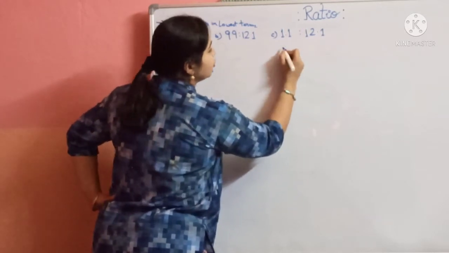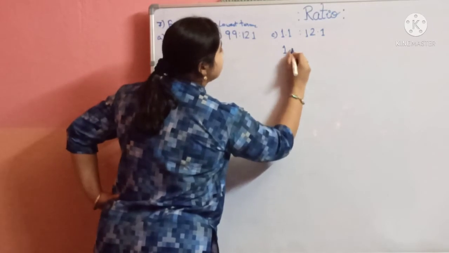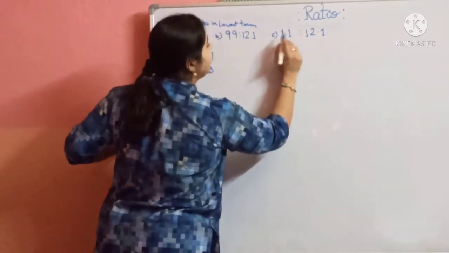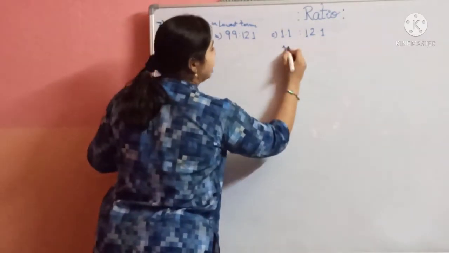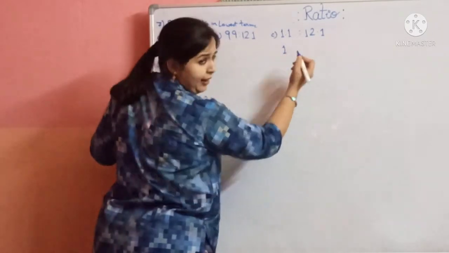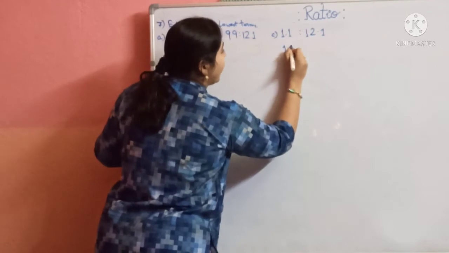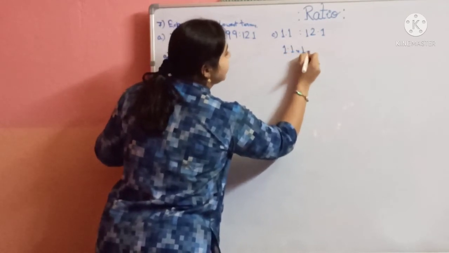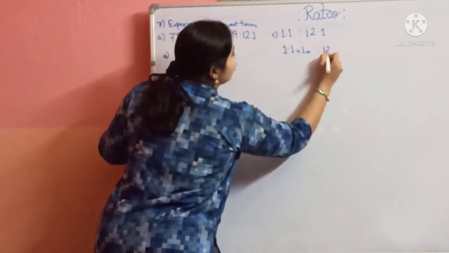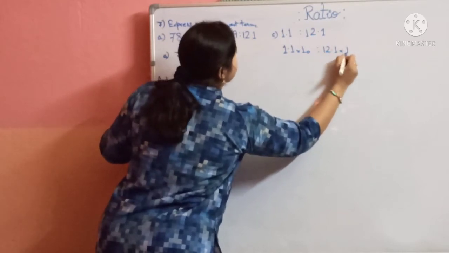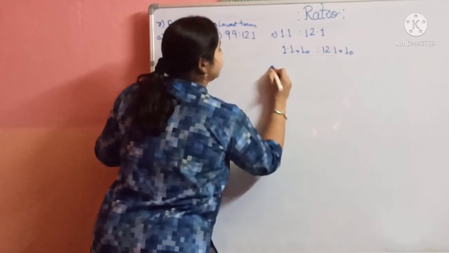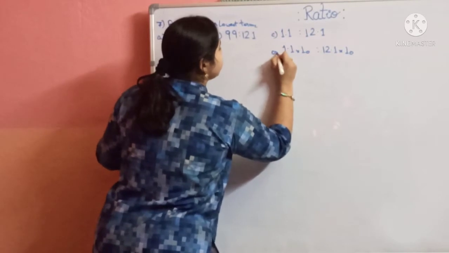So what should we do? Other than writing it with divisibility, you can do it in one step or two steps. I am showing both the steps. 1.1 into 10 is to 12.1 into 10. So, what will come in the next portion?